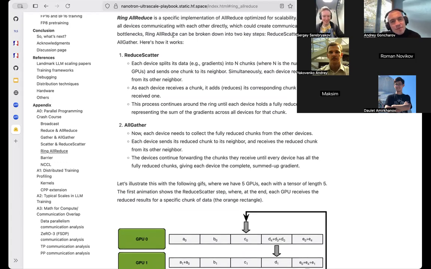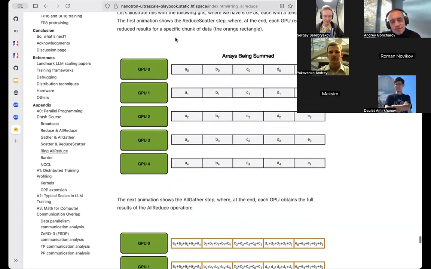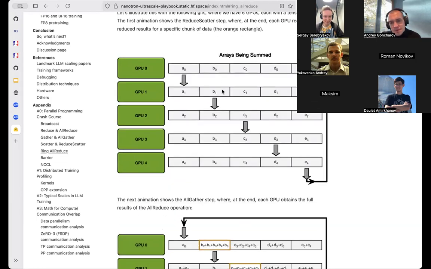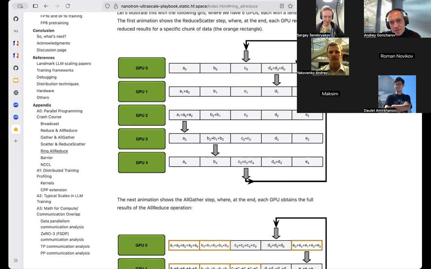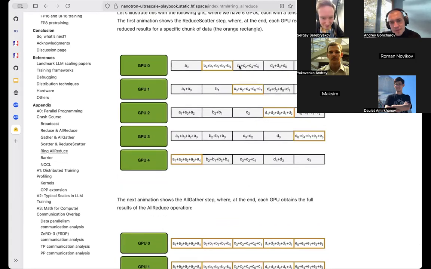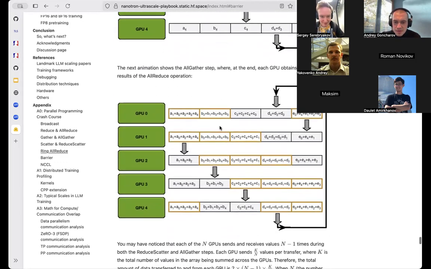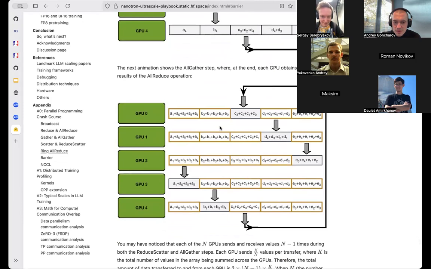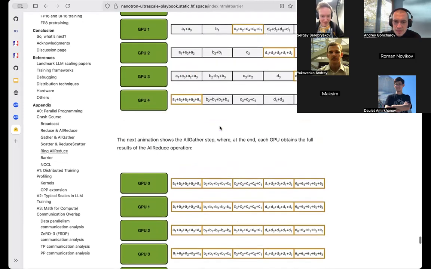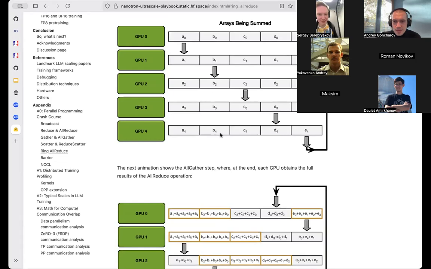However, ring all-reduce has two key steps, reduce-scatter and all-gather. First, we get all these sums, and then what does this all-gather do? You see how it's all in-place sums and there is seemingly no memory overhead.